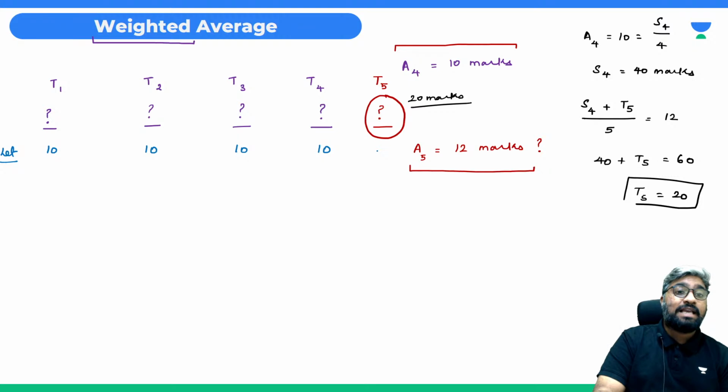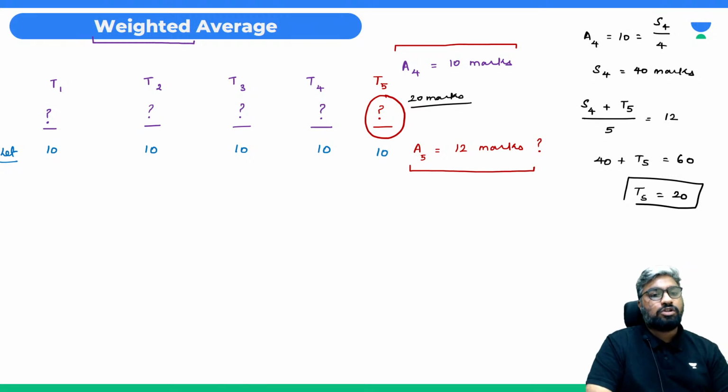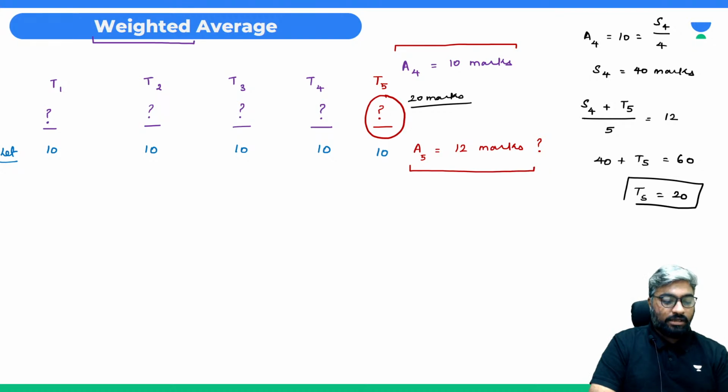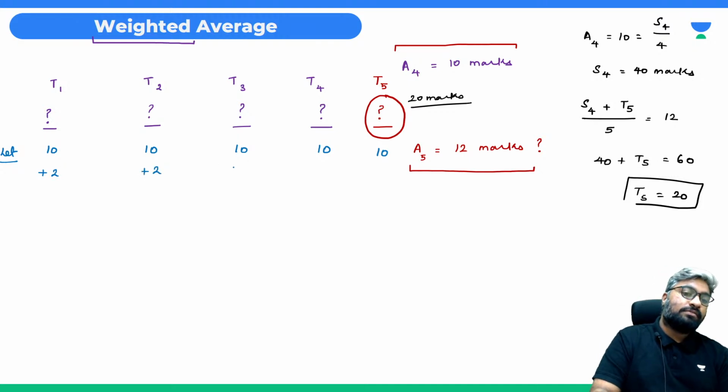Now we are saying that if in the 5th test also I score the same 10 marks, what will be my average? What will be my average, guys? If in the 5th test also I score 10 marks, 10, 10, 10, 10, 10, average will become 10 only. But my average is 12. That means every test it is getting added by 2, correct? Because the average is 12, every test it is getting added by 2.